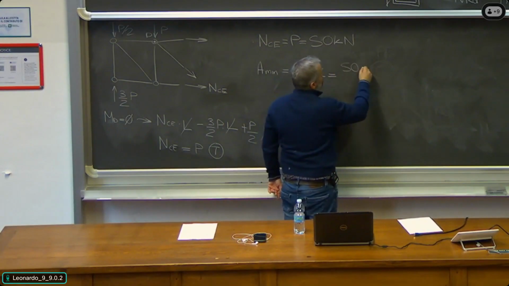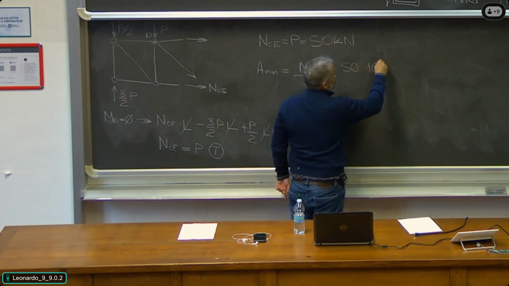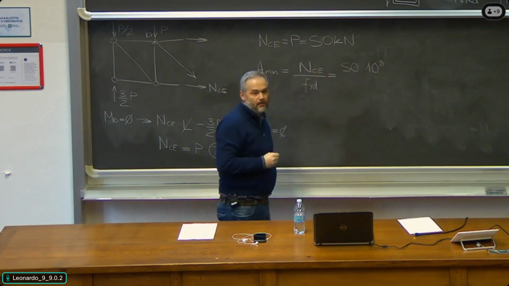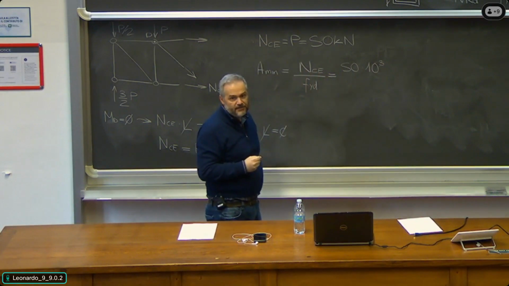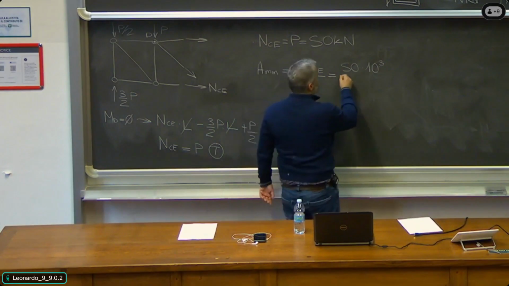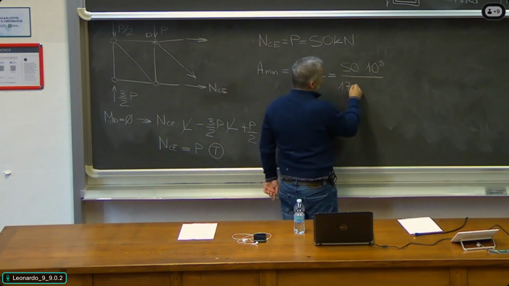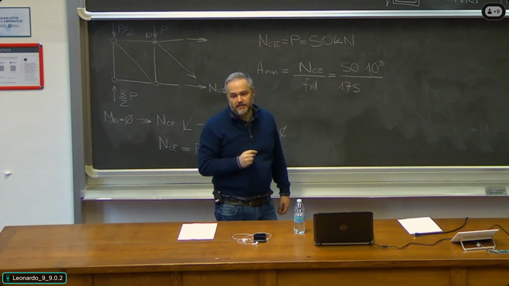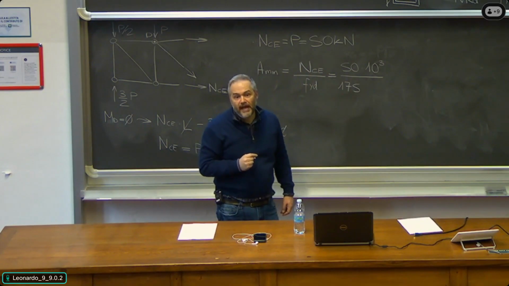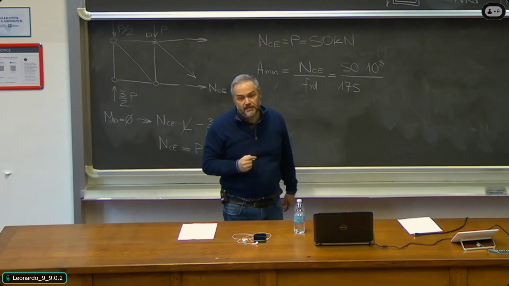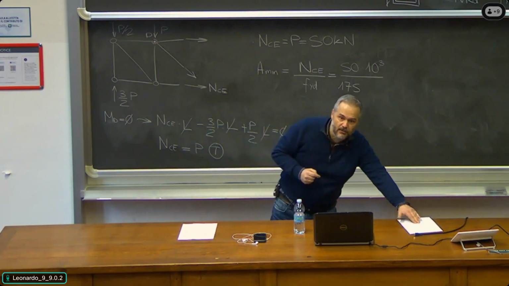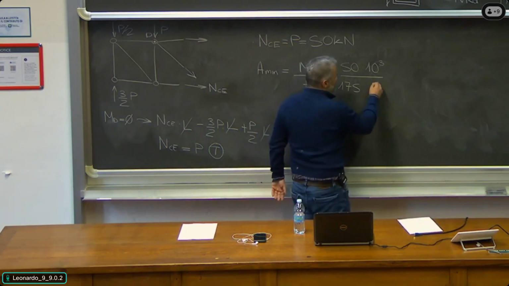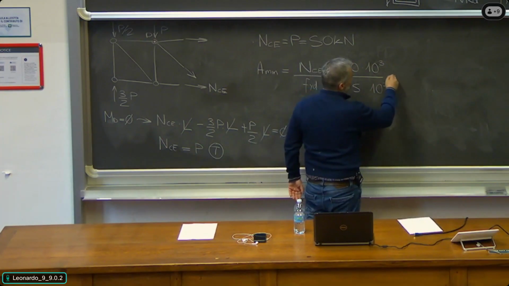So with the right units of measure, 50 kilonewtons are 50,000. I can write it as 50 times 10 to the power of 3 in scientific notation, divided by 175, and I will get an area which is in square millimeters. And in order to have it in square centimeters, which is what I have in my table, I will put 10 to the power of 2 here.